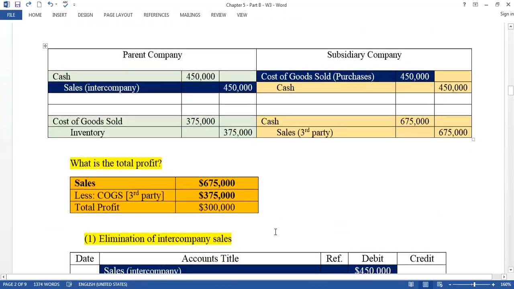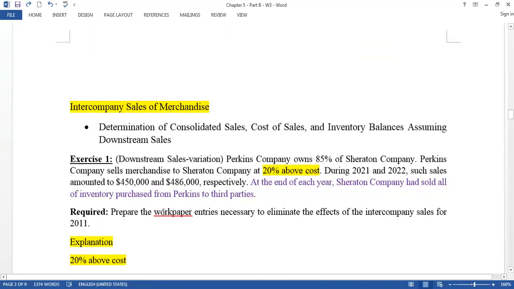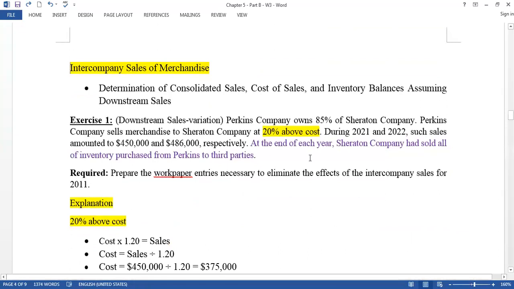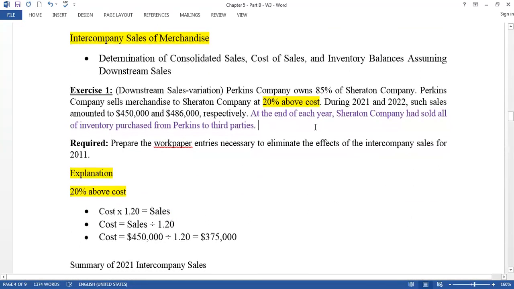So exercise 1 does not have any unrealized profit. Why? Because at the end of the year, there is no ending inventory. These are the key points. You have to read the question carefully.